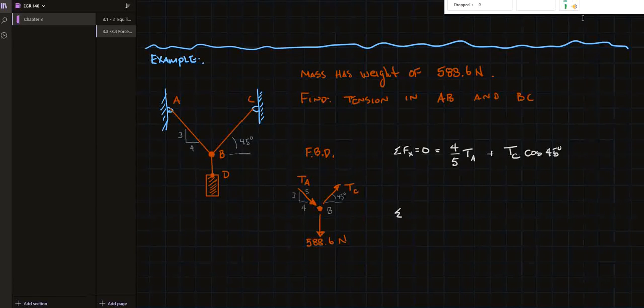Okay, let's do our y direction. Let us assume that we have y positive up, x positive in this direction.